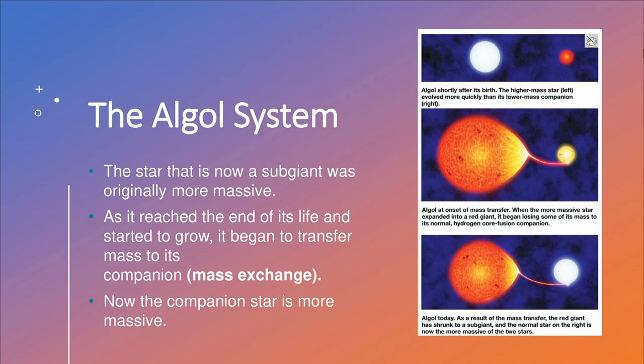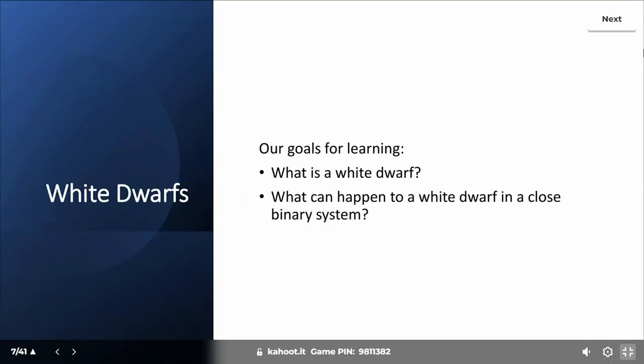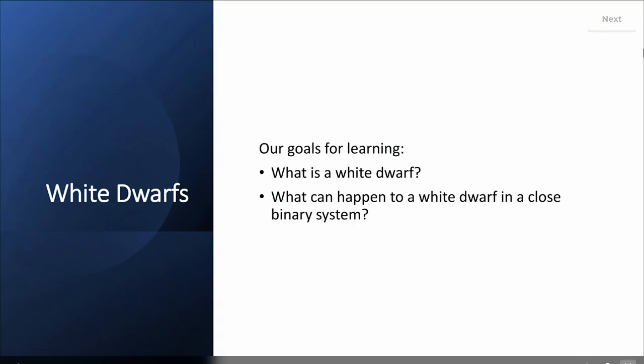Then the low mass star started stealing some of its mass, and you ended up with a system that had two high mass stars, basically. So keep that in mind when we talk about white dwarfs, and then we'll see what happens to a white dwarf in a binary system.